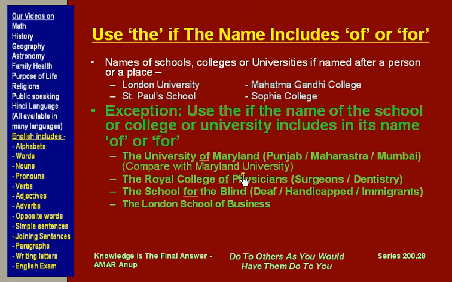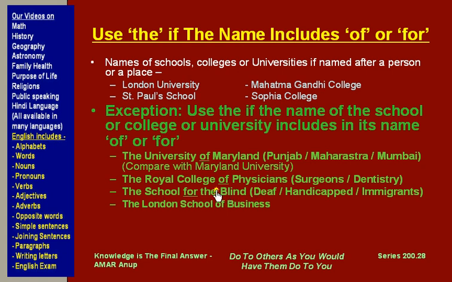But once of came here, we use the University of Maryland. It could be the University of Punjab, University of Maharashtra, University of Mumbai. So if it is named after a place, we do not use the, but if there is of or for, then we use the.